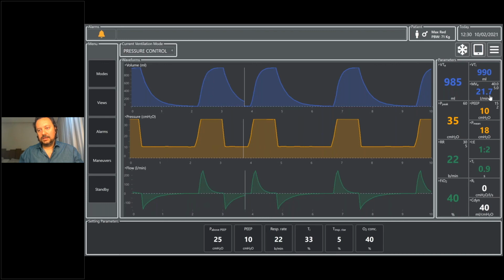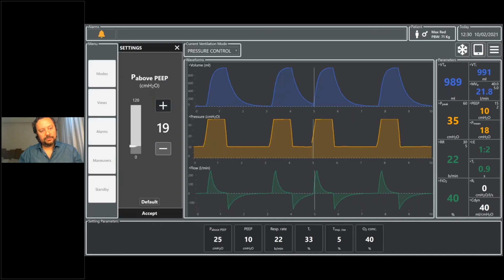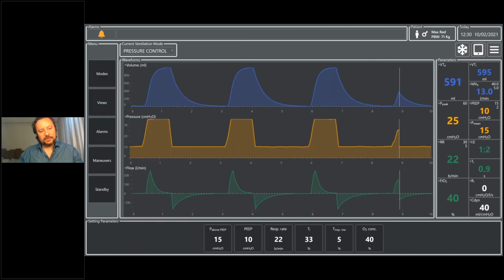So 21 liters is fair enough. Let's wait till it adjusts. And of course you can set to lower pressures if you need your patient to be safe from high pressures. So this is how it works, and this is how you can set up your values.